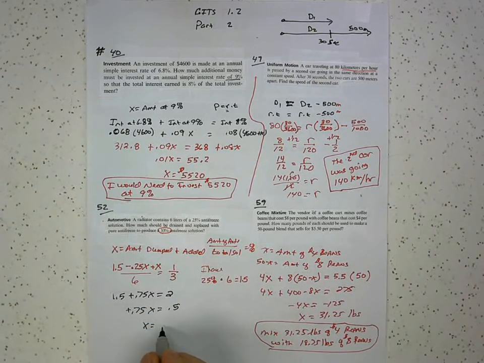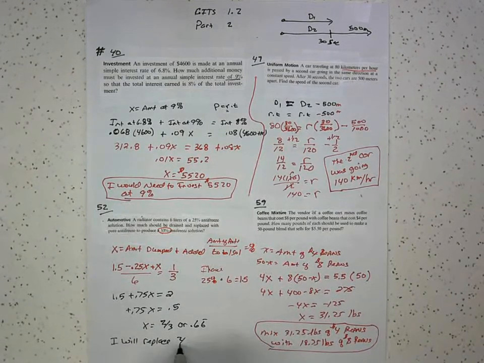There's something wrong. And I'm going to end up getting 2/3 or 0.66. Okay, so I'm going to dump out 2/3 of 1 liter. Okay, I'm going to replace 2/3 of 1 liter with pure antifreeze.